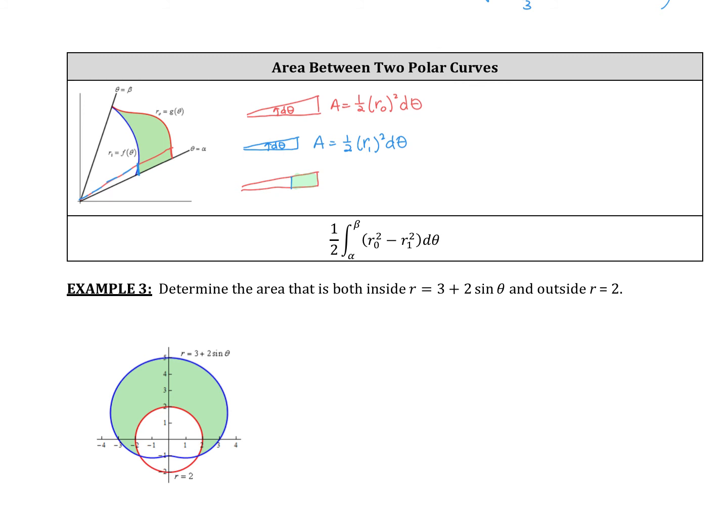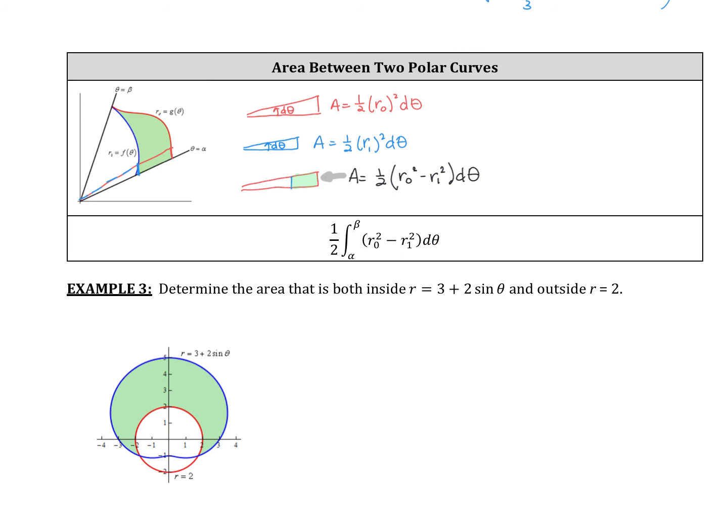And so the shaded region is going to be 1/2 times r sub 0 squared minus r sub 1 squared d theta. I'm finding the two areas and subtracting them to get that shaded area. And so the area between two polar curves is 1/2 the integral from alpha to beta of r sub 0 squared minus r sub 1 squared d theta.